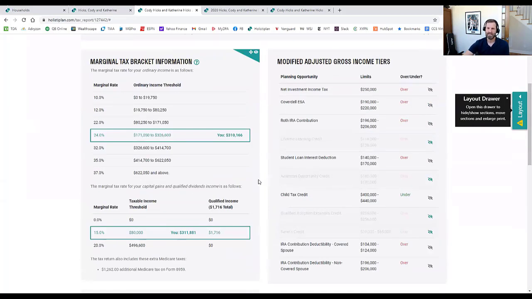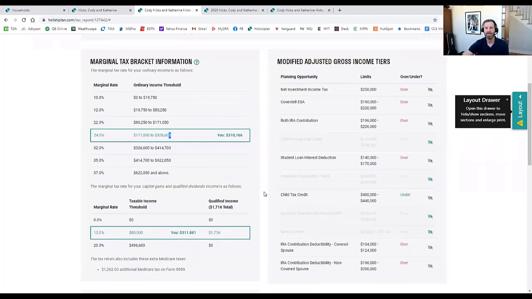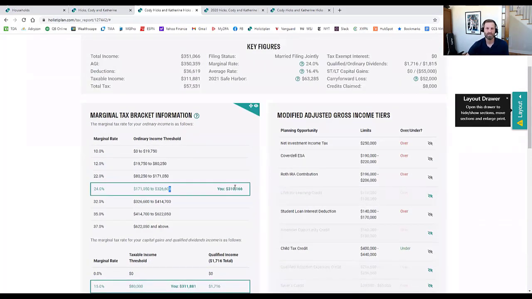What is it not telling us? Well, it's not telling us the nature of all of this income on the ordinary side. You might have to do a little bit more digging into the tax return to do that. The tax report that Holistiplan baseline puts out with observations might pick up on that. But in this particular case, we know that there's some salary, but there's also business income.